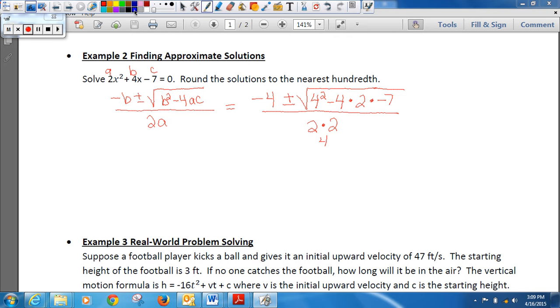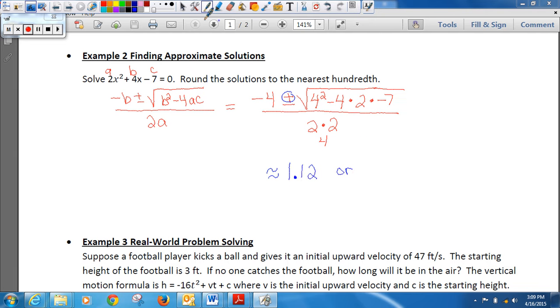Remember, you have to put it in twice because you have to put it in first with the plus sign. So if we do that, negative 4 plus the square root of 4 squared minus 4 times 2 times negative 7, all divided by 4, gives me approximately, and there's our approximate symbol, 1.12.